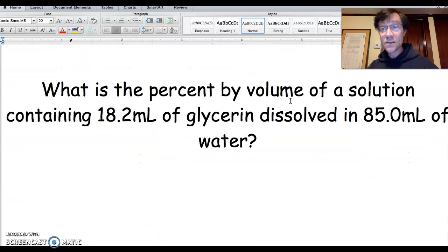Percent by volume. It's going to be the same thing, with 18.2 of glycerin dissolved. Okay, same thing. In this case, the percent is equal to, remember, we have to add these two things together here.